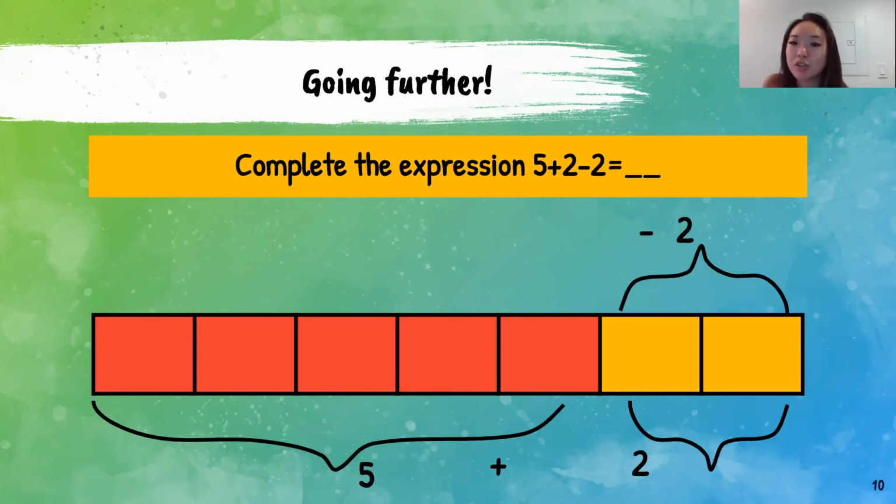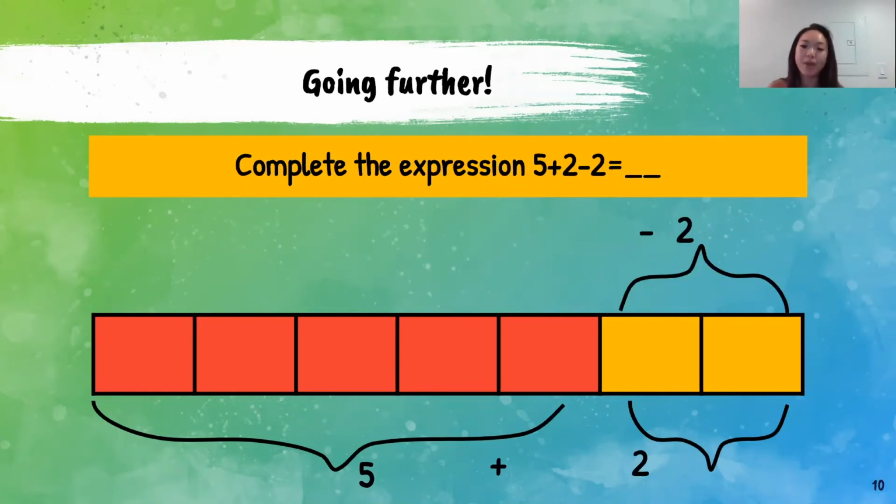I'm going to subtract the 2 that I had just added. So I have 1, 2, 3, 4, 5 plus 2, which is my yellow, and then subtract 2, which on the top part I have the minus 2. I'm going to take away those 2 yellow, and then I'm left with 5. So basically, I have my 5 plus 2 minus 2 equals 5.